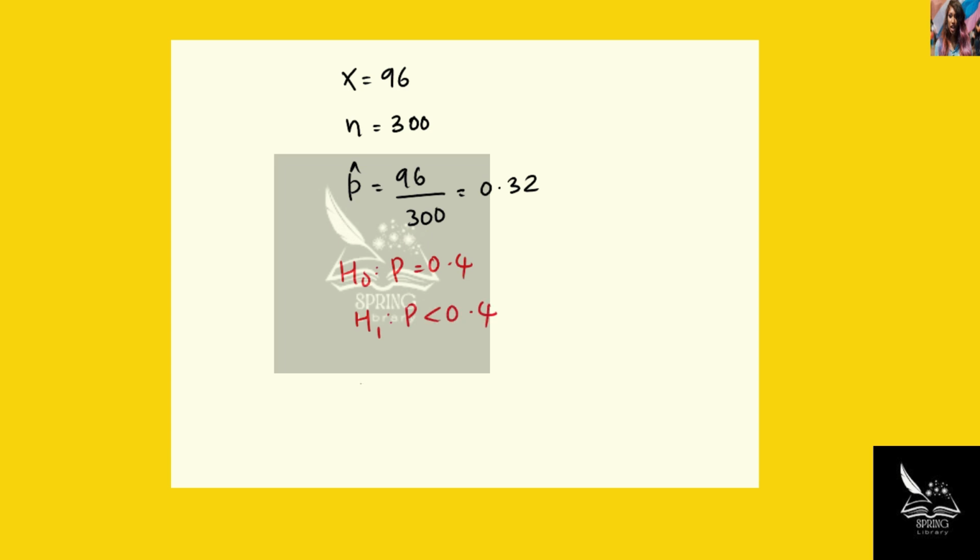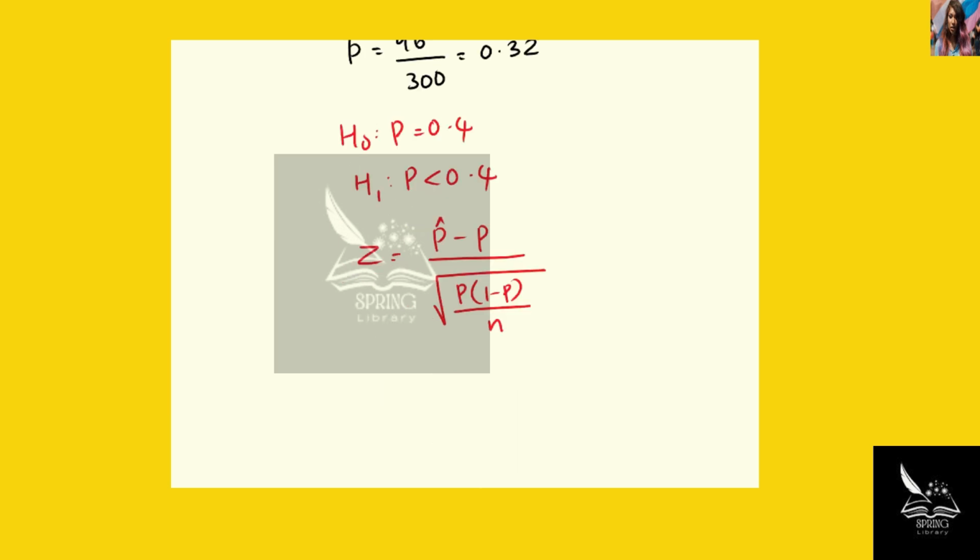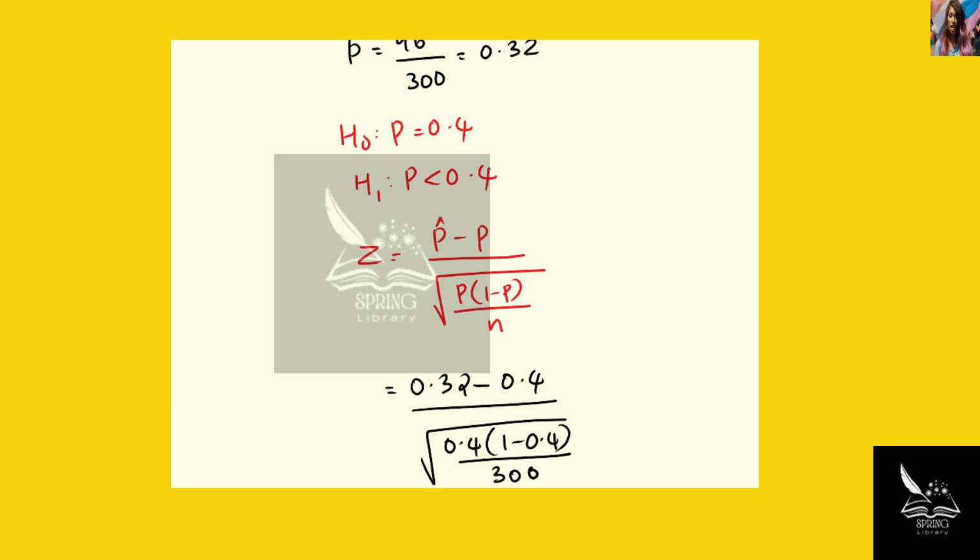To conduct the test, the test statistic is Z is equal to P cap minus P, divided by square root of P into 1 minus P divided by n. On substituting the values, we get 0.32 minus 0.4, divided by square root of 0.4 into 1 minus 0.4 divided by 300.